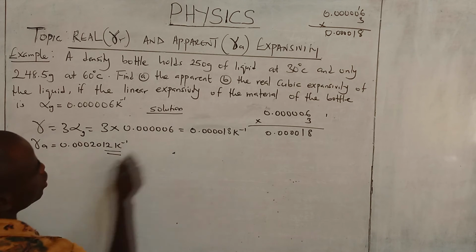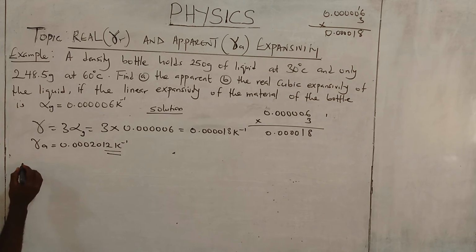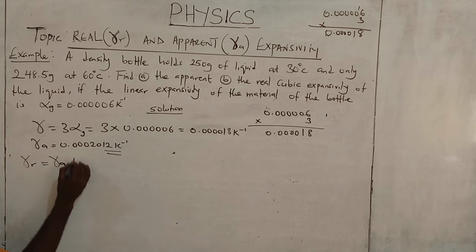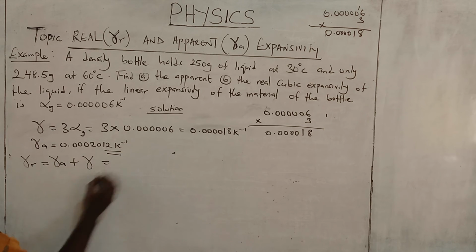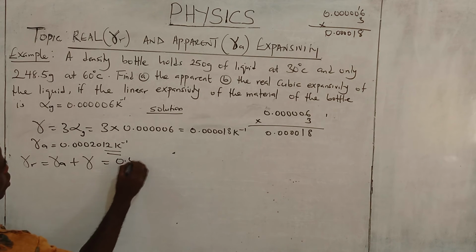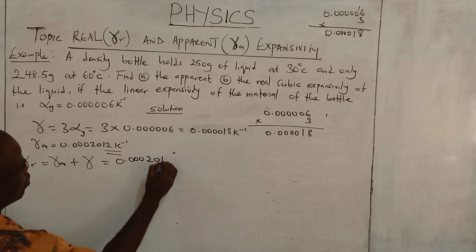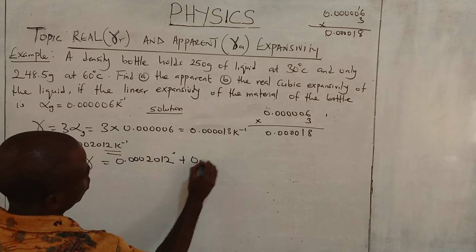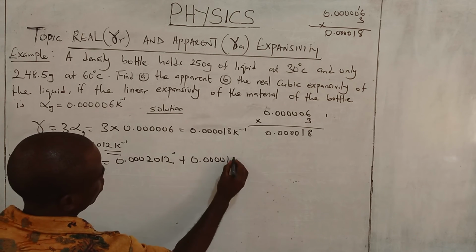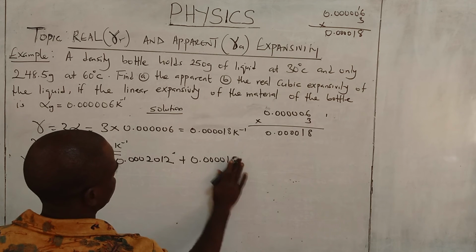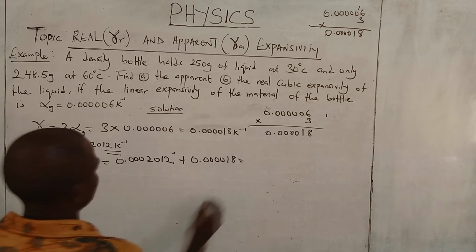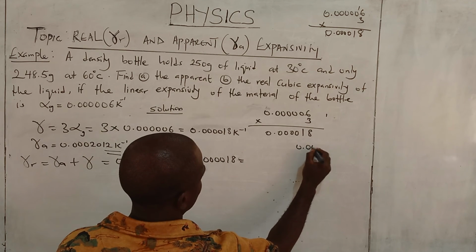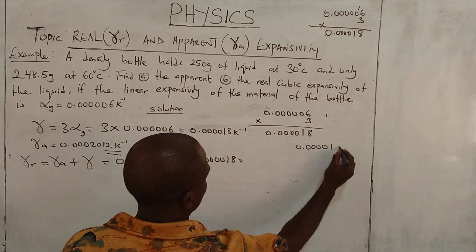Now we are looking for the real cubic expansivity of the liquid. The real cubic expansivity equals apparent cubic expansivity plus cubic expansivity of the container. You have 0.0002012 plus what you have here, 0.000018. When you do addition, let's add them together.